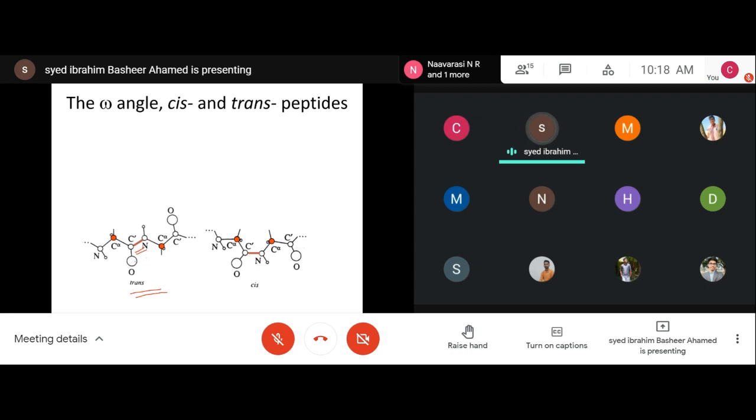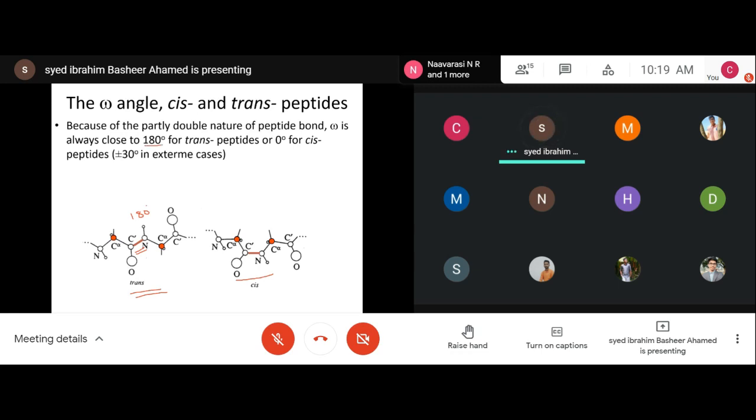This is a trans peptide because the oxygen and hydrogen are in trans position, that is 180 degrees. Whereas here it is in cis configuration, because the oxygen and hydrogen are on the same side, not on opposite sides. So this is a cis peptide.